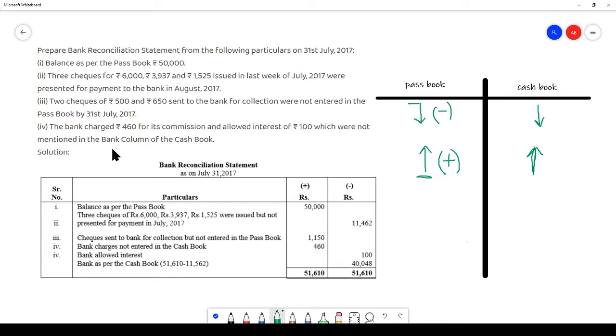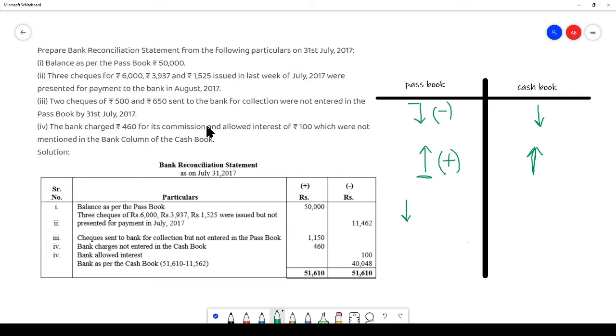So now let us look into the fourth or the last transaction. Bank charged 460 for its commission. That means when the bank charges me, the bank has deducted 460 rupees from my account. So my balance has reduced by 460.